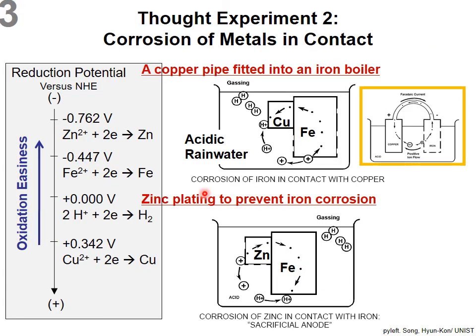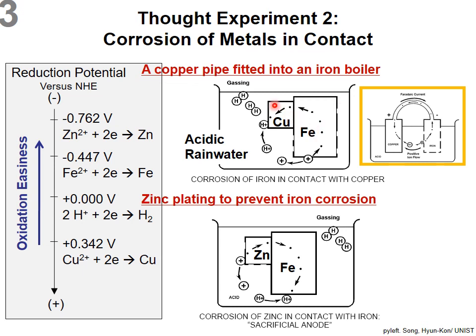Finally, we are on the thought experiment number 2. The title of this experiment is Corrosion of Metals in Contact. Here is some practical situations. We have a boiler here, and the main body of this boiler is made of iron, Fe.